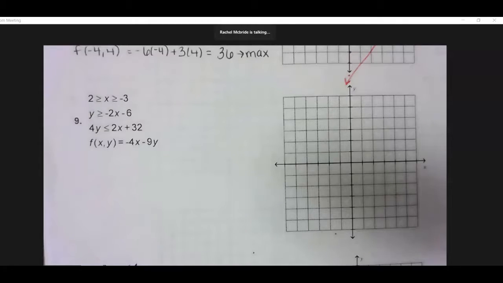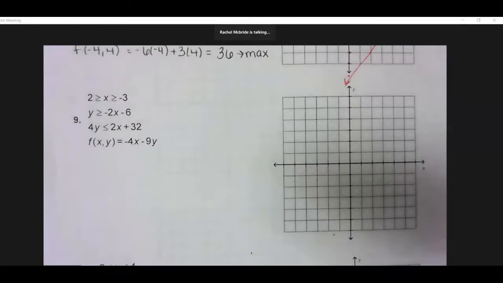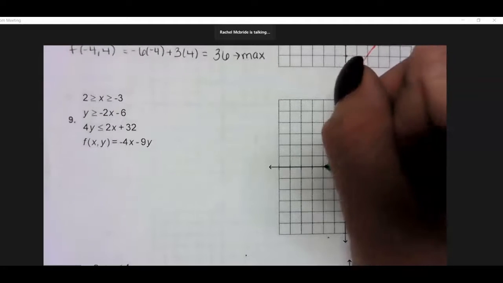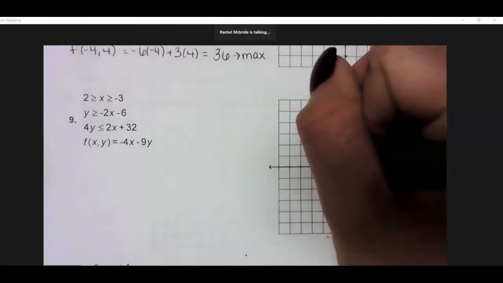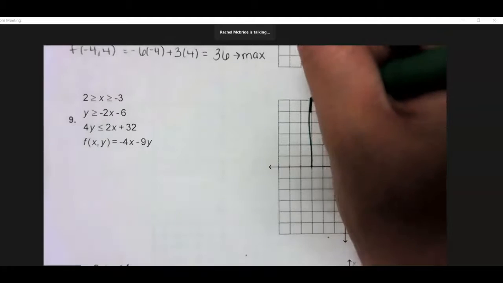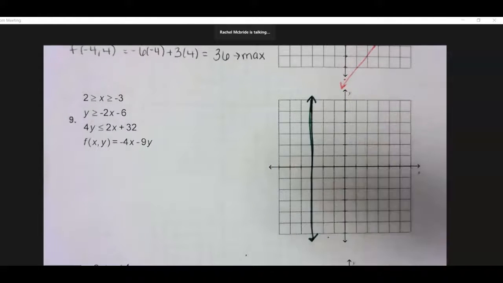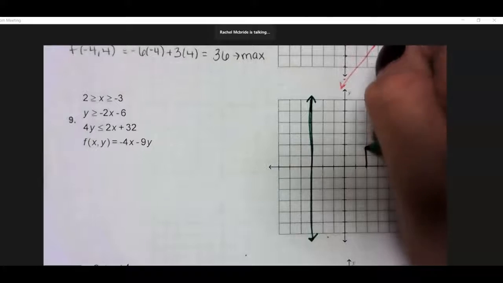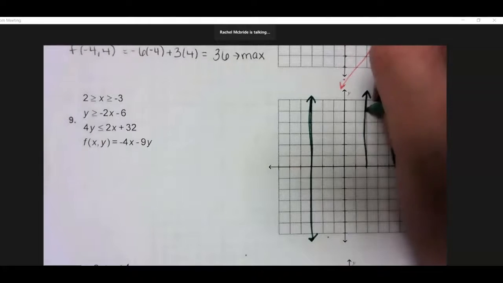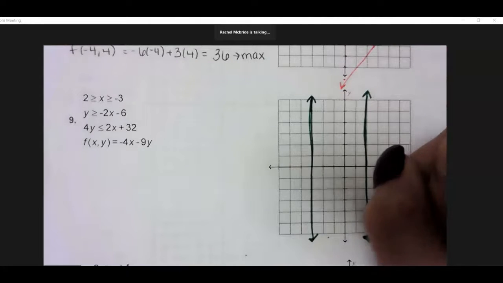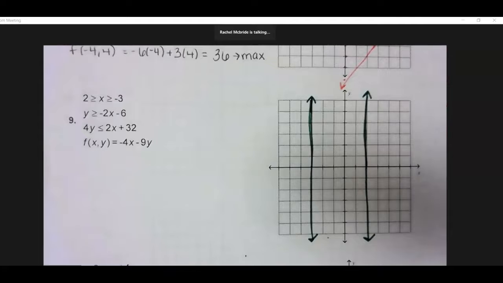There you go. All right, so between -3 and 2, so you graph at -3. It is a solid line. You graph through 2. Also a solid line.